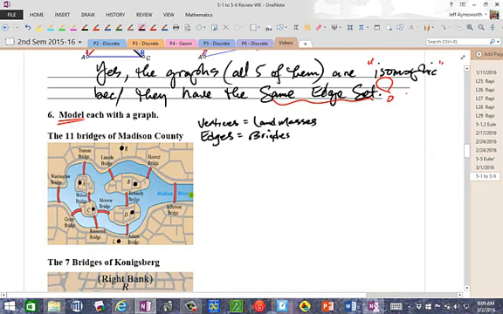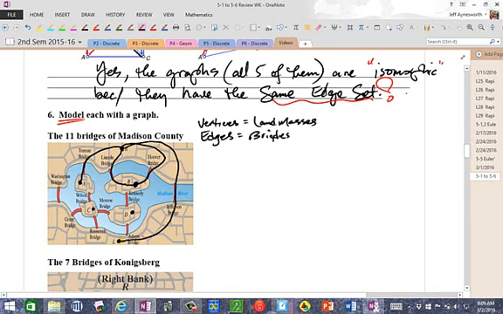So we can get from the upper landmass to island A through Truman Bridge. We can go over Lincoln Bridge to this island here, which we call B, or we can go over Hoover Bridge to B. We could also go from this landmass right here, cross Jefferson Bridge all the way to this landmass here.